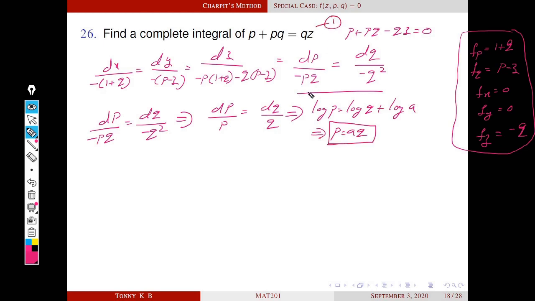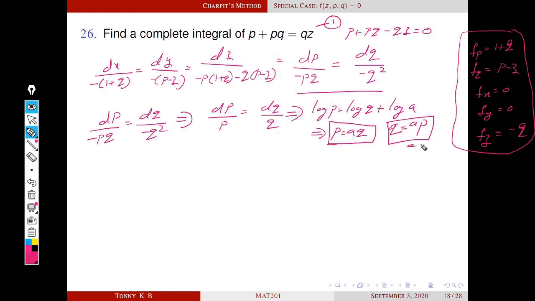This is our equation number 1. If we add the constant of integration on the left side, then we get q equal to ap. So both are equal, either p equal to aq or q equal to ap. Either you can substitute p equal to aq or q equal to ap in 1, then you can solve.